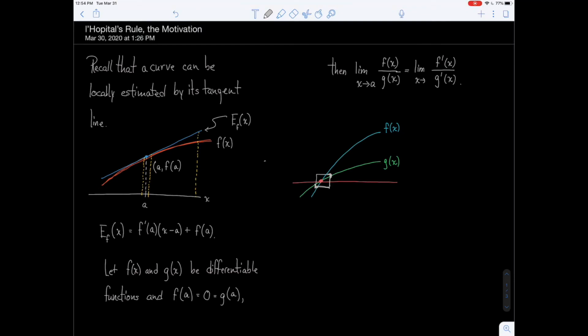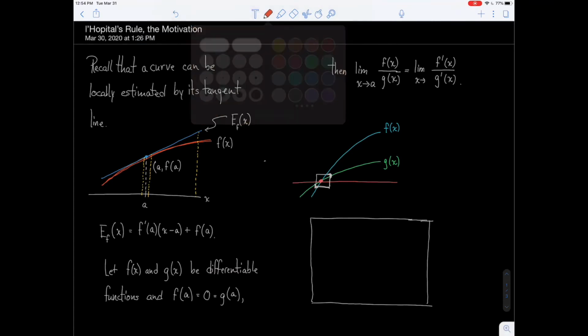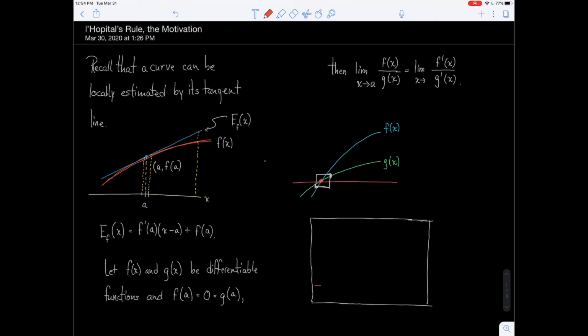But here's the beauty: in that window, locally, we could think of f of x and g of x as lines. So here's that window. I'm blowing it up, making it nice and big. Remember, this is being blown up many times. And so I get this. And then let's put in our melon colored axis here.